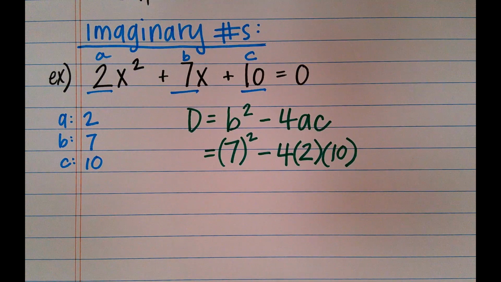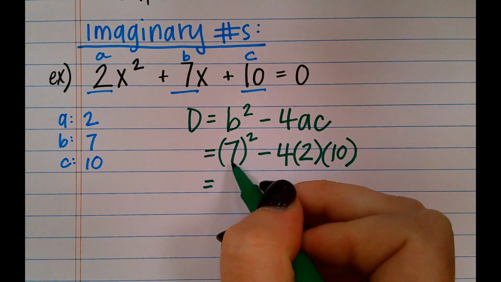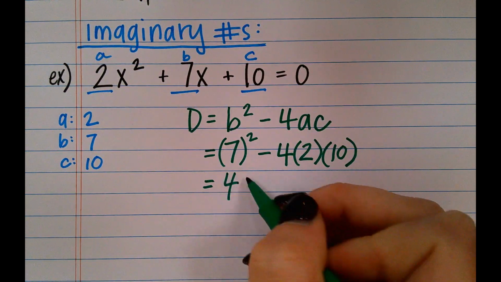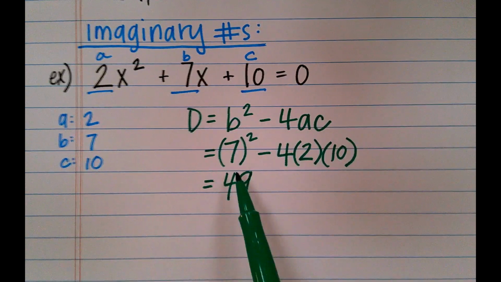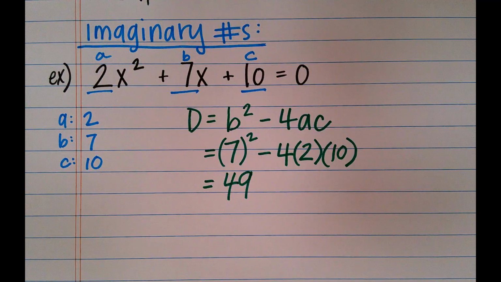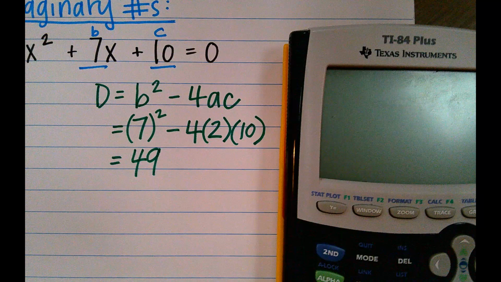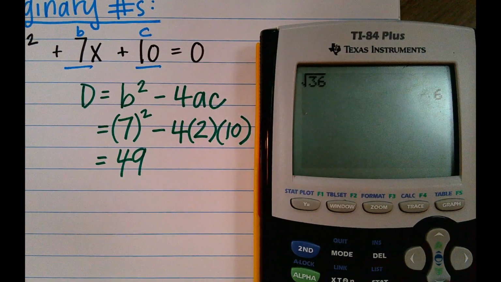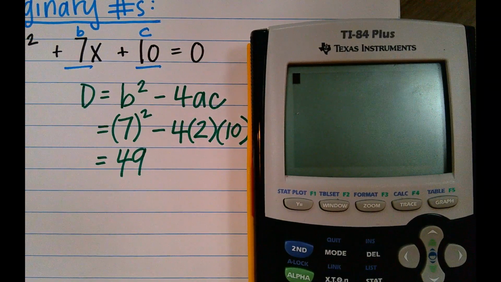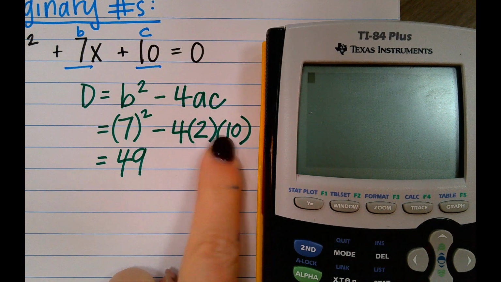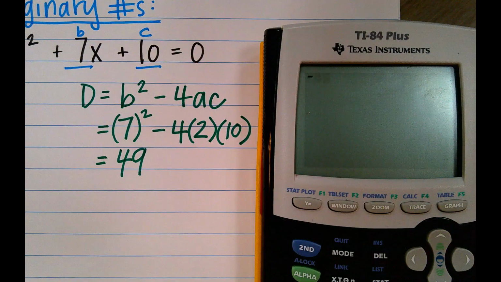Okay, so we're going to keep going. 7 squared is 49. Yes, 7 times 7. You got it. And then, minus 4 times 2 times 10. I didn't mean to hit plus.